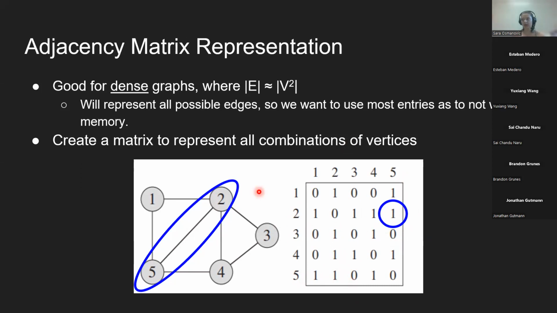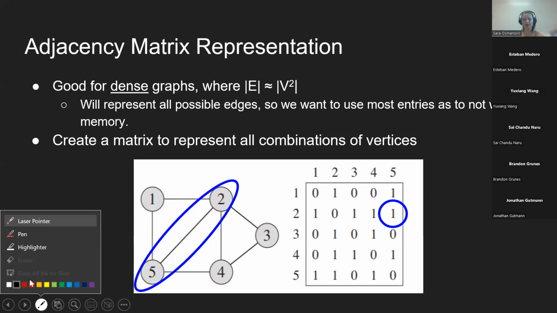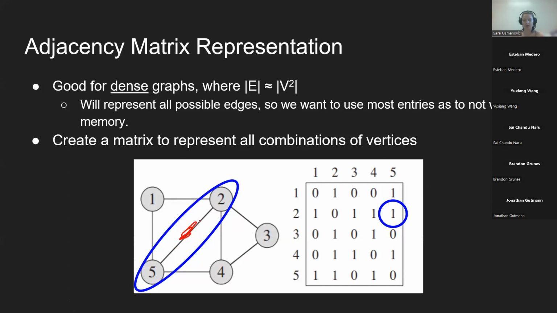The thing about adjacency matrices, and why we don't want you to use them for your project, and I'm going to repeat this over and over again in office hours anyway, is this: think about a really sparse graph, a graph that doesn't have this, this, or this connected, and maybe not even this edge here.